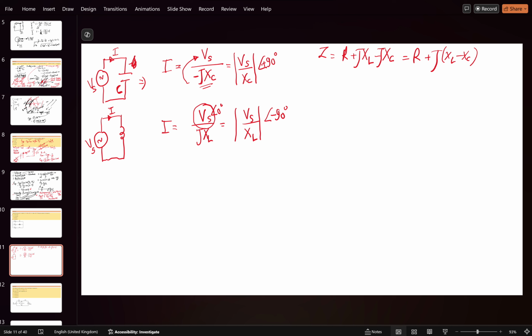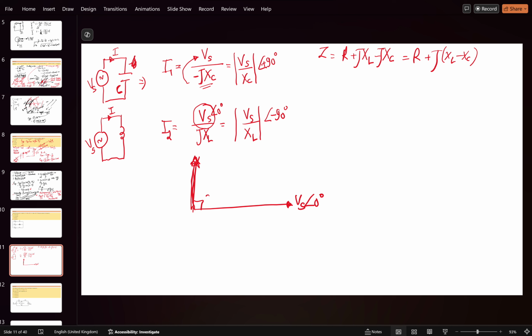I'm taking Vs as the reference, Vs at angle 0 degrees. So let's draw it in terms of the phasor. What about the first circuit? Suppose this is I1 and this is I2. I1 is actually 90 degrees leading, so it will come here, like this.